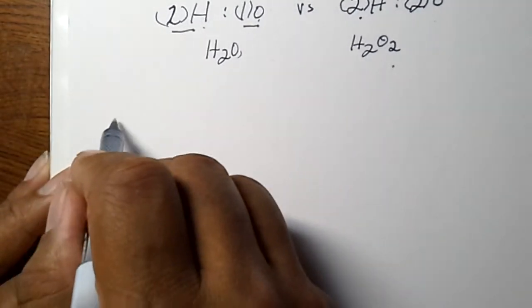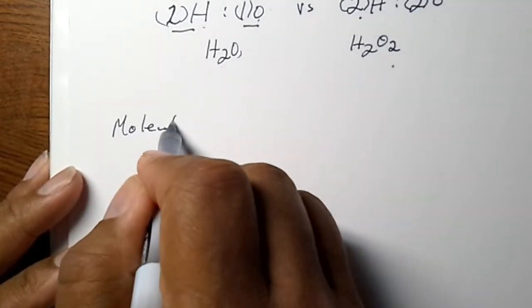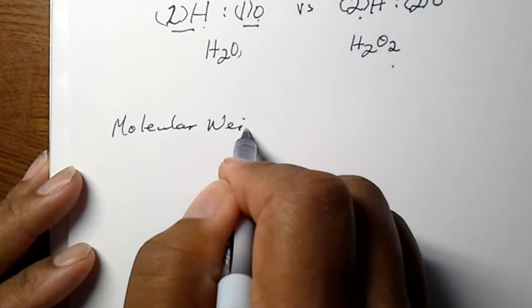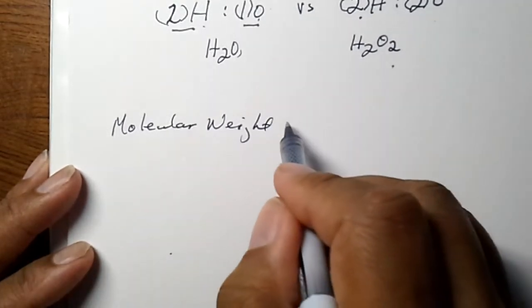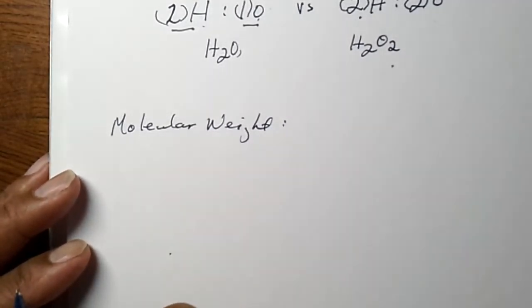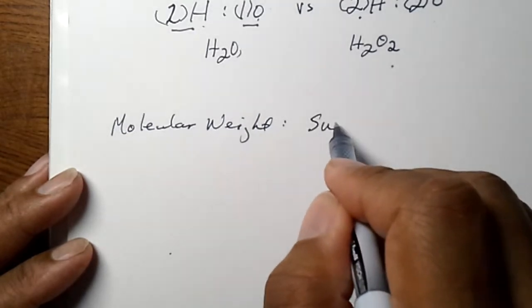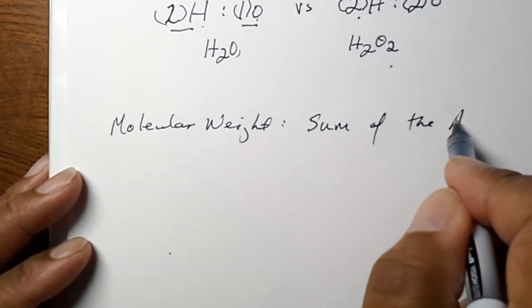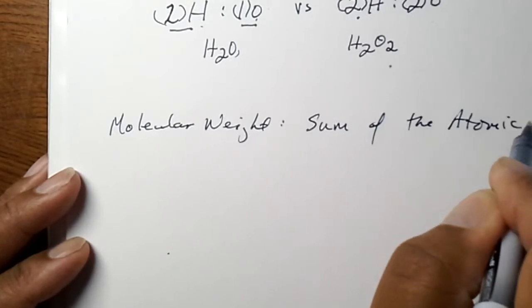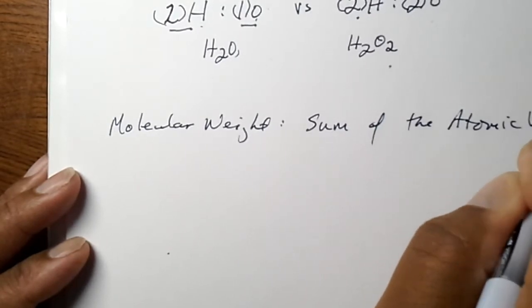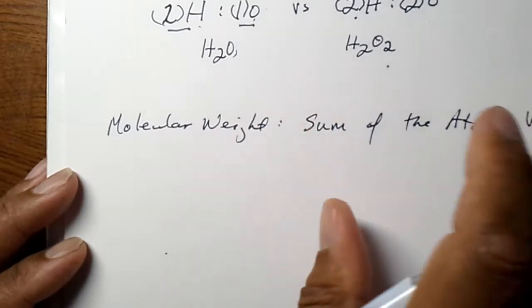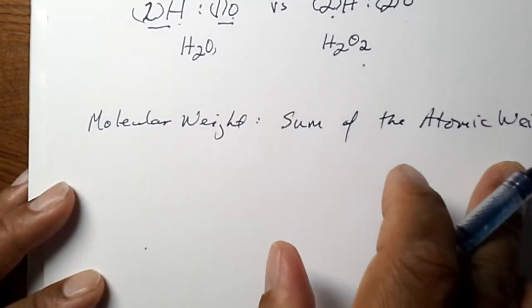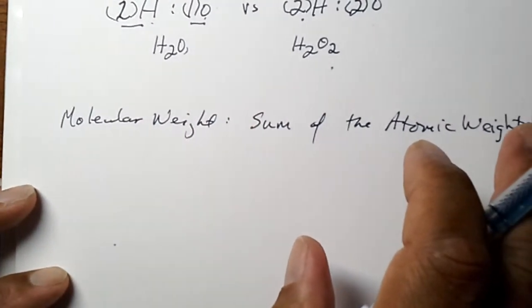Molecular weight. What is molecular weight? Okay. Molecular weight is simply the sum of the atomic weights, the atomic weights that we get from the periodic table.